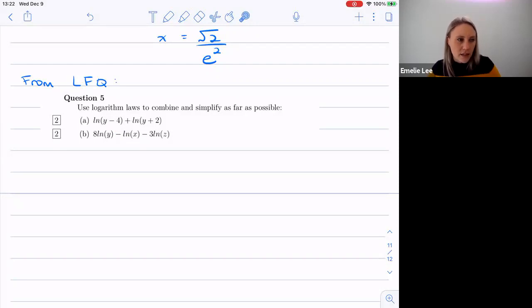Hey, I think I did this. I think I read it as minus. Let's do both. I might have to go back and remark that one if that's the case.